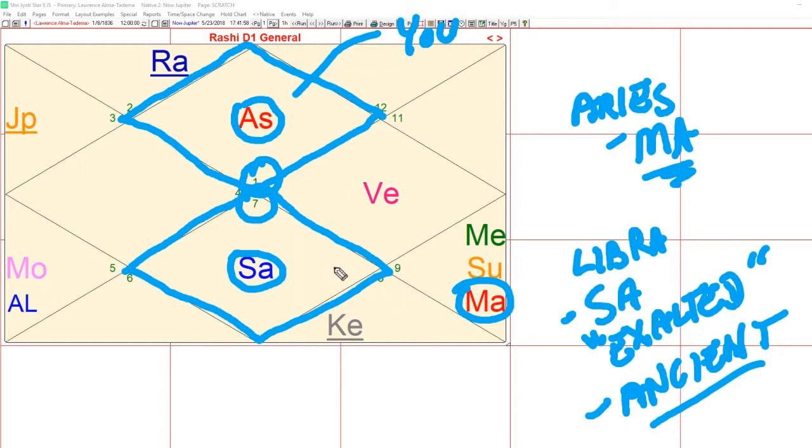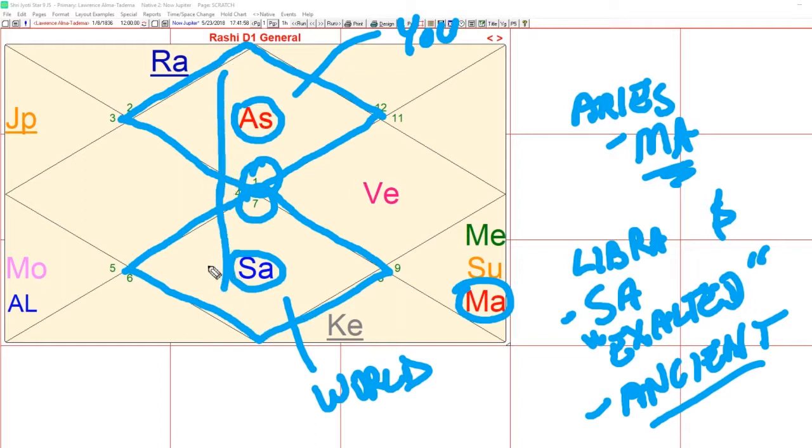So Libra is about money. Saturn exalted is happy, and so that's the world. And again, this is the primary axis, day-to-day living. So he made his money by being an artist and painting the ancient world.